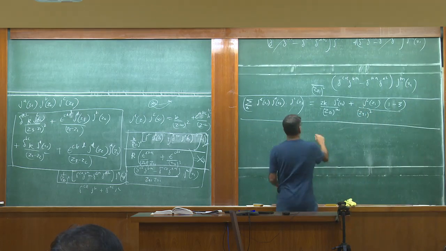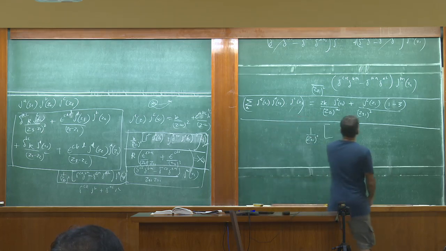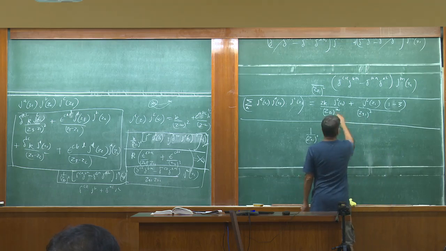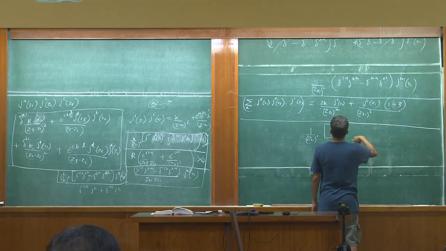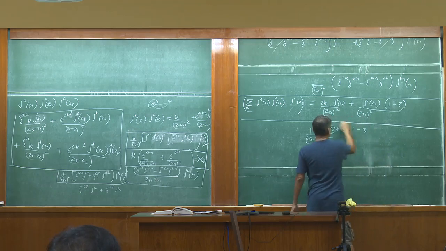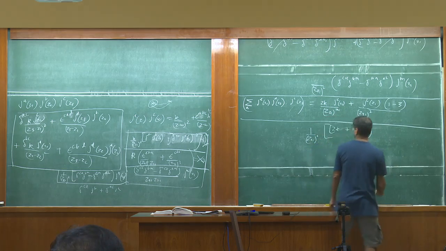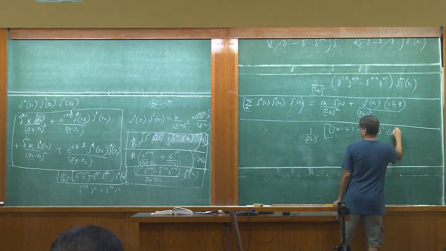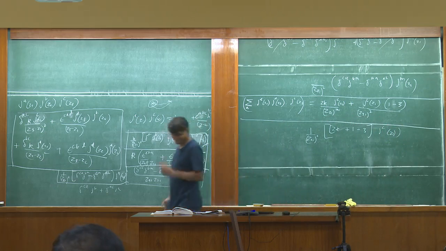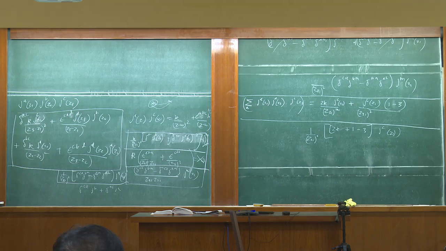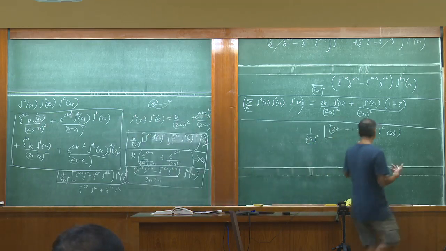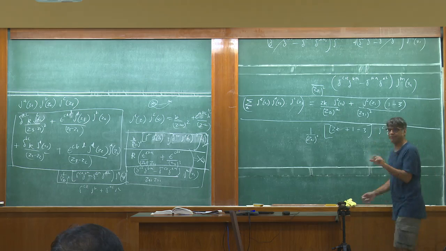Now we put these two together. So this is 1 over z 3 1, the whole thing squared, into 2k plus 1 minus 3, 1 minus 3, JC of z1. Okay. Now, I hope we haven't messed up on the normalization, but let's come back to that point.